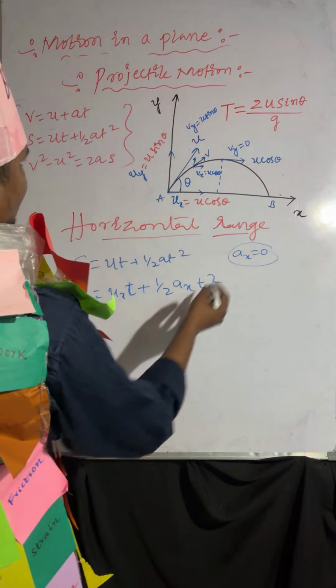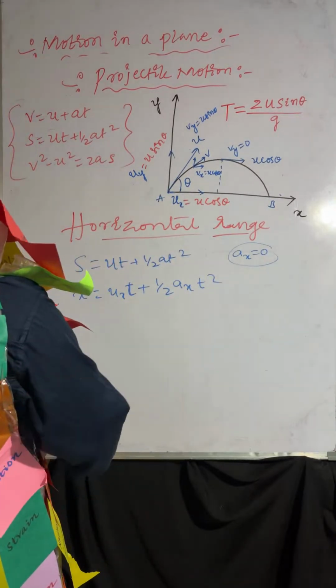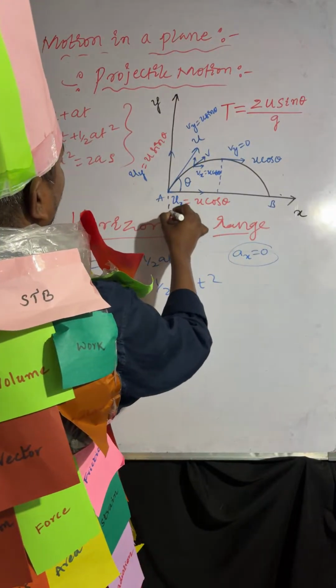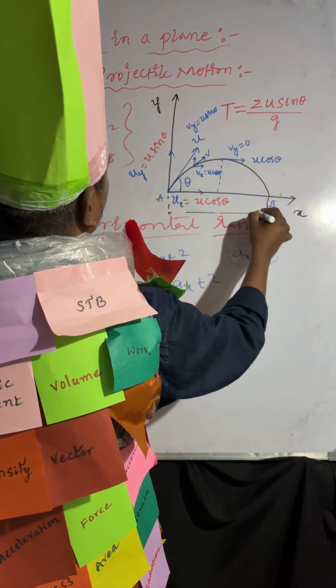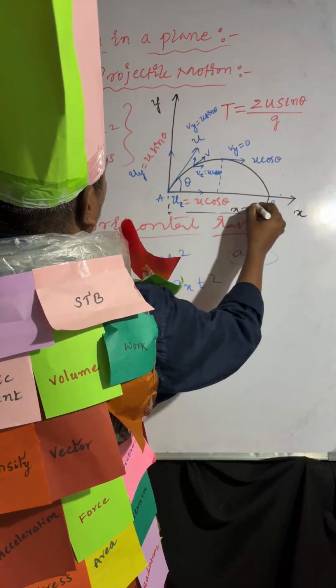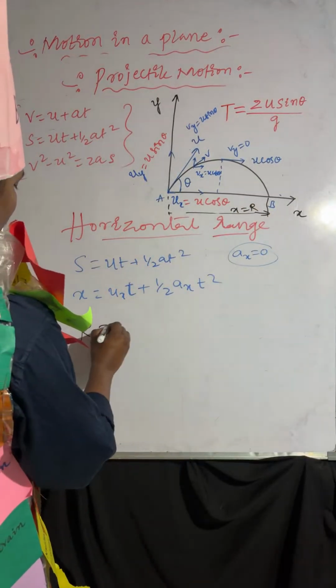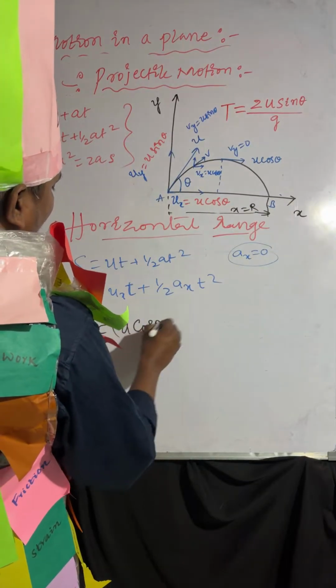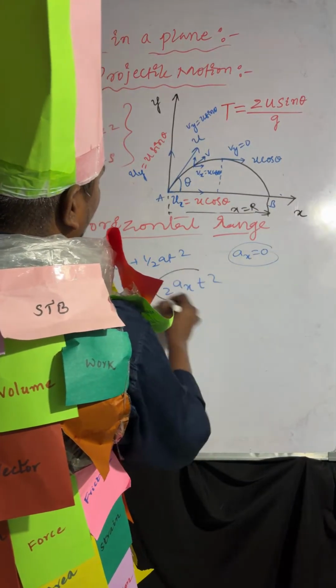So the time of flight formula I already wrote there. Now you can see the horizontal distance is nothing but the horizontal range. So we denote x equal to R. That is R equal to u cos theta into 2u sin theta by g, since the other terms become 0.